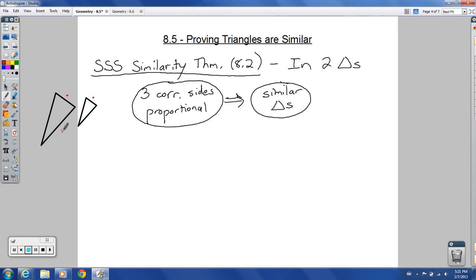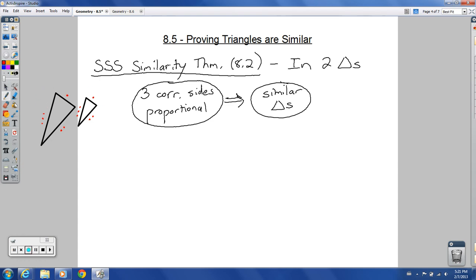But for the sake of making it clear, these two sides match up with the two dots. Again, not an official marking, just saying that these things match up. And then the 3 dotted sides match up. These are all proportional to each other. So 3 dots to 3 dots, 2 to 2, 1 to 1.